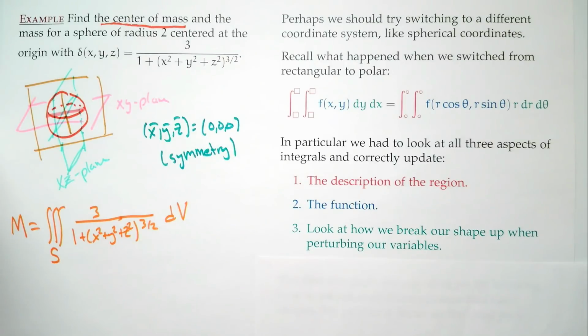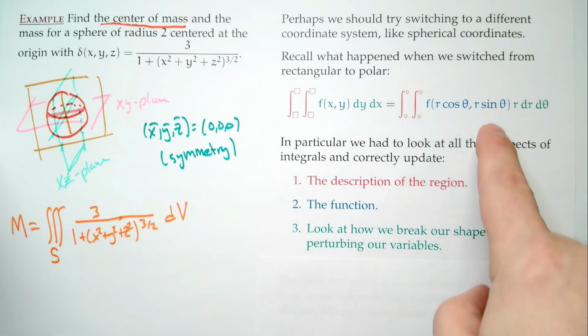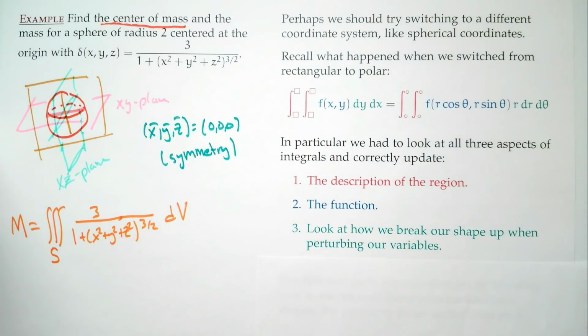The other thing you need to do is to update your function. So here, instead of having just a function of x, y, we went to a function of r and theta. And the last thing we have to do is think about what it means to break things up. So oftentimes when we think about breaking things up, we think about our perturbation. We're perturbing our variables.